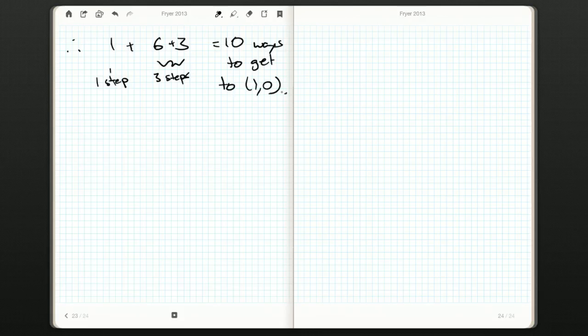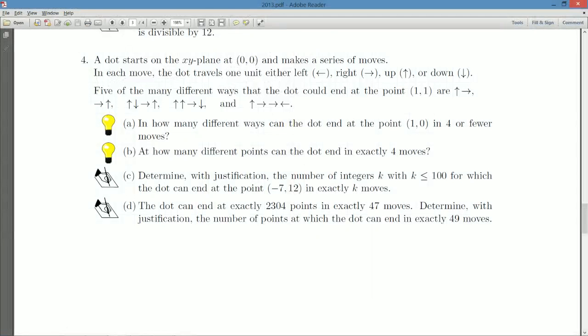So we have exactly 10 ways to get to 1, 0. Now, considering that it's a light bulb, we didn't need to write out all this theory. We could have just guessed and checked. There's only 10 of them that we needed to do.